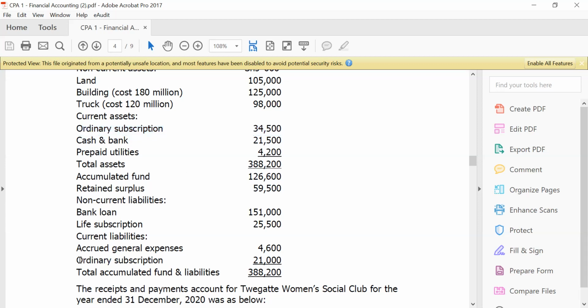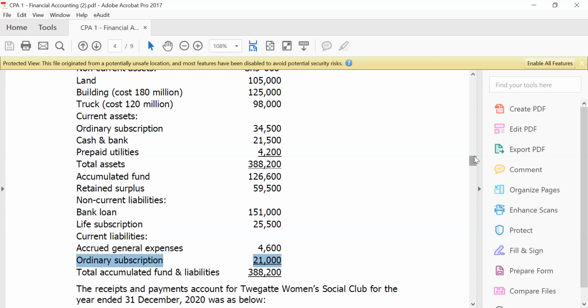And then we have some ordinary subscriptions that are recorded under current liabilities. Remember, this statement we are looking at is a balance sheet, or statement of financial position, for the club. So ordinary subscriptions being under liabilities means that there are some subscriptions that were paid in advance by members.